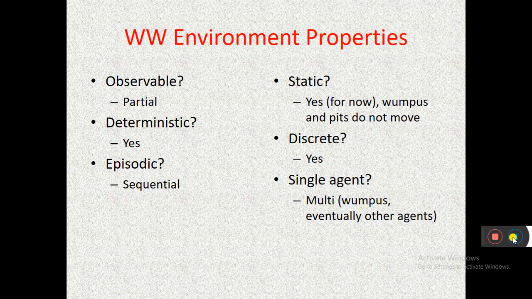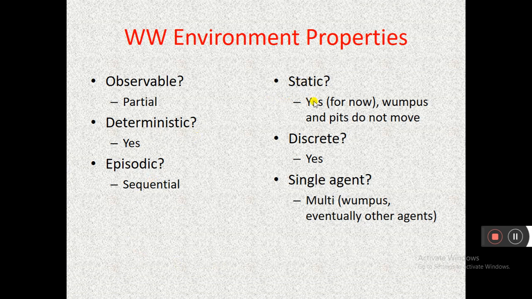So dear students, here we have 6 questions: whether the Wumpus world environment is observable? It is partially observable. Whether it is deterministic? Yes, it is deterministic. Whether it is episodic? It is sequential.